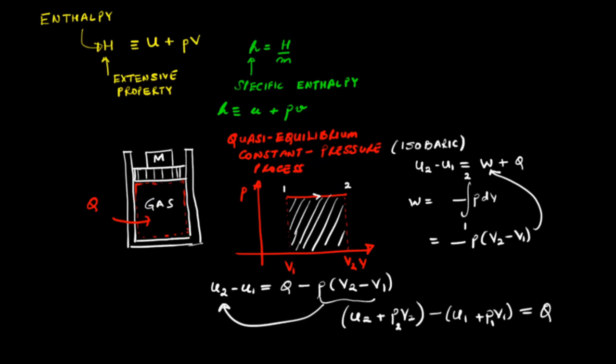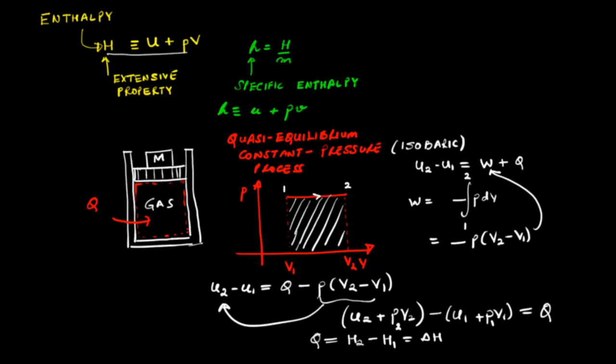So what we see is that we have this combination of properties U plus PV, which we have defined as enthalpy. So what we get is that the heat that is transferred to the system during this quasi-equilibrium constant pressure process is H2 minus H1, that is the change in enthalpy.